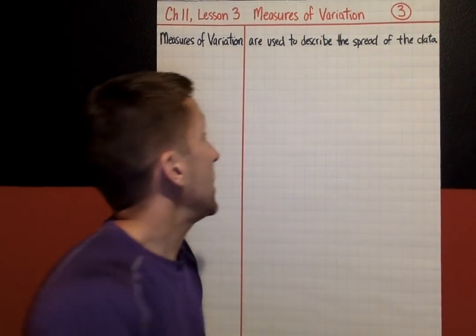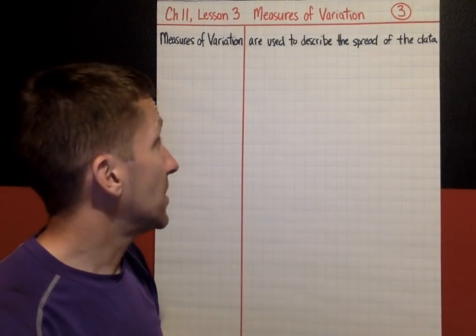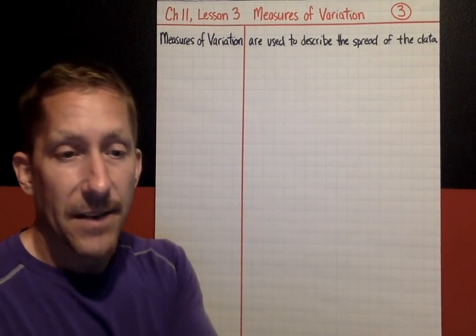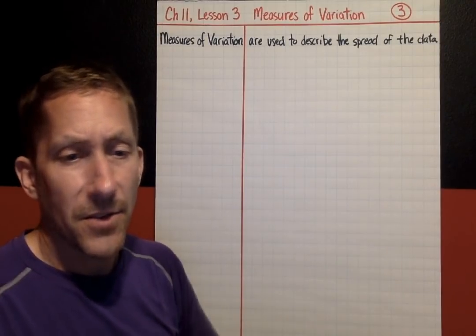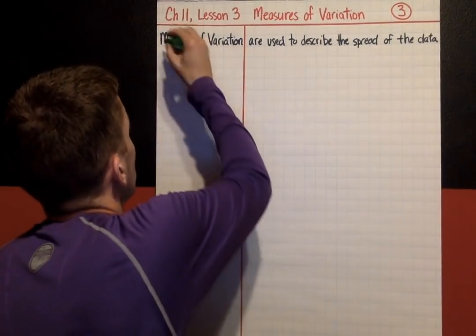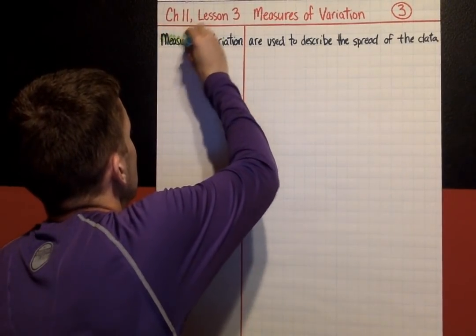So again, today is about measures of variation, which are used to describe the spread of the data. Okay, I'll highlight that, measures of variation, so that's what we're talking about today.